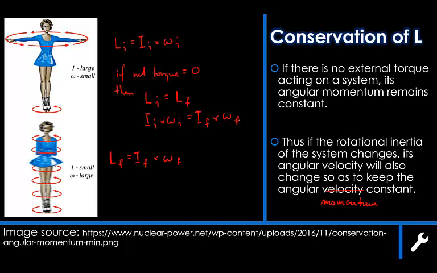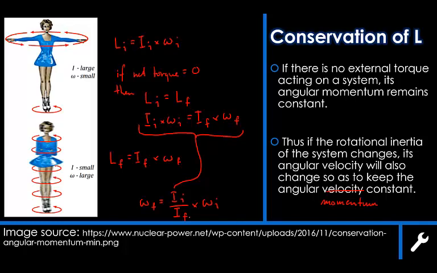So I'm just going to rewrite this so that we can make a quick statement about this. If we rearrange this for omega F, we get omega F is equal to I initial over I final times omega initial. So in the case of the skater here, when she pulls her arms in, her rotational inertia decreases.